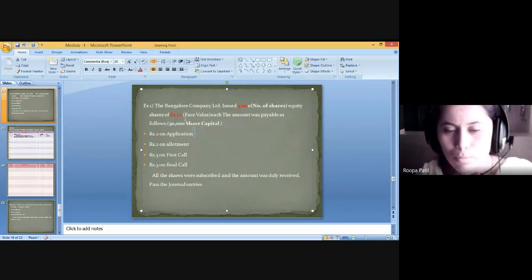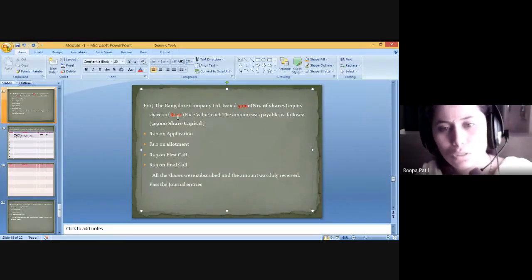The amount is payable as follows. Here they didn't give the share capital amount, so you need to identify it. 5,000 into 10 is 50,000. The number of shares is 5,000, each share value is rupees 10, so 50,000 is the share capital.